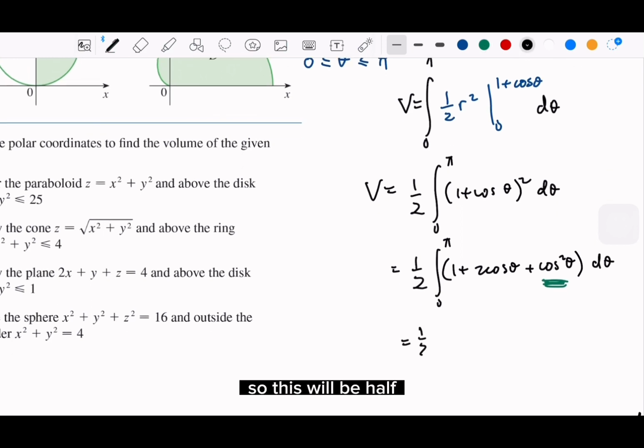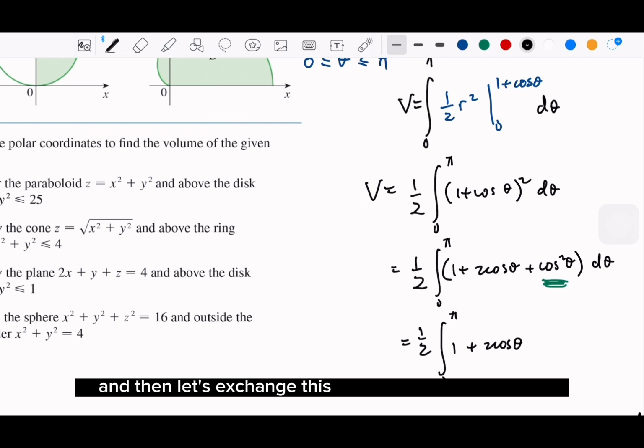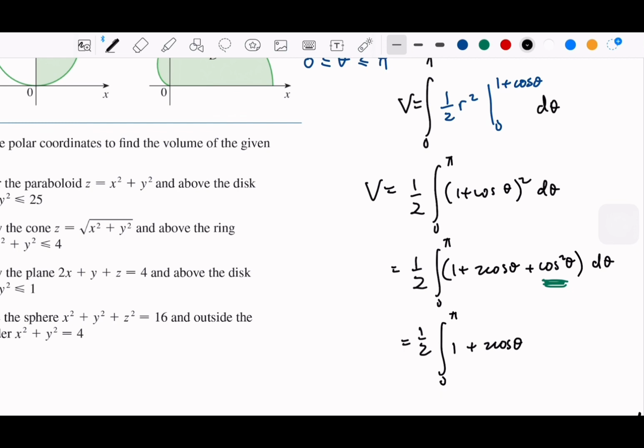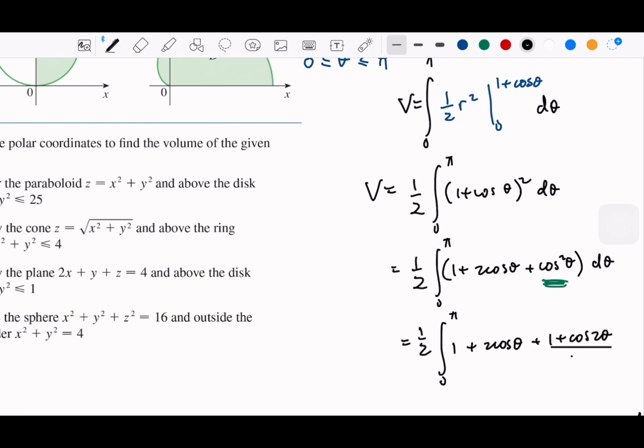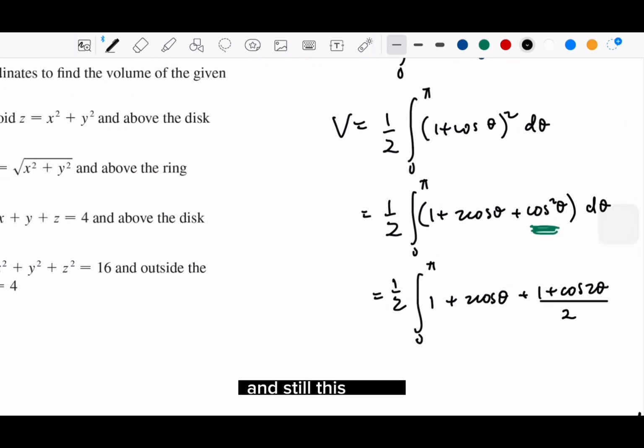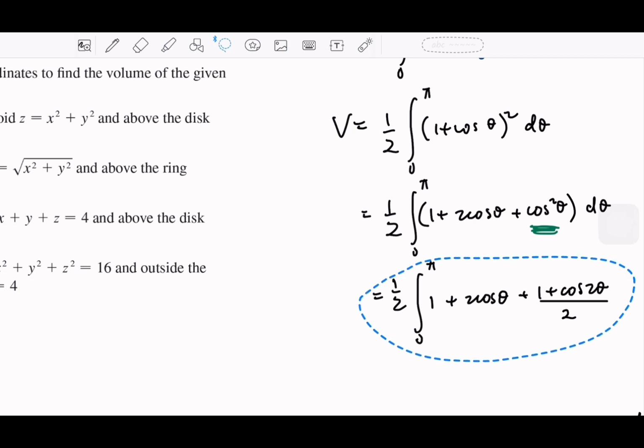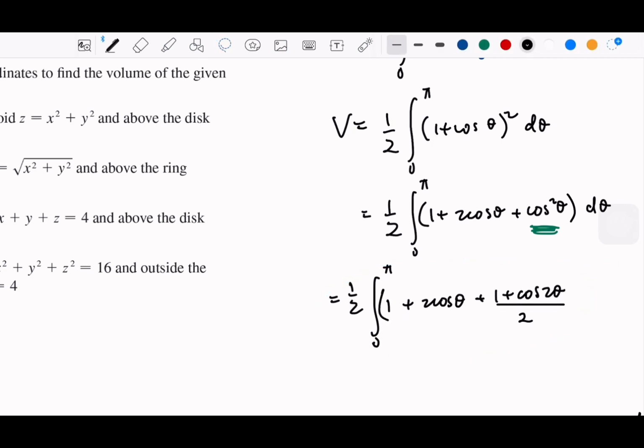So this will be half, 1 plus 2 cosine theta, and then let's exchange this cosine squared to become plus 1 plus cosine 2 theta divided by 2. And then this is still in integration, so d theta.